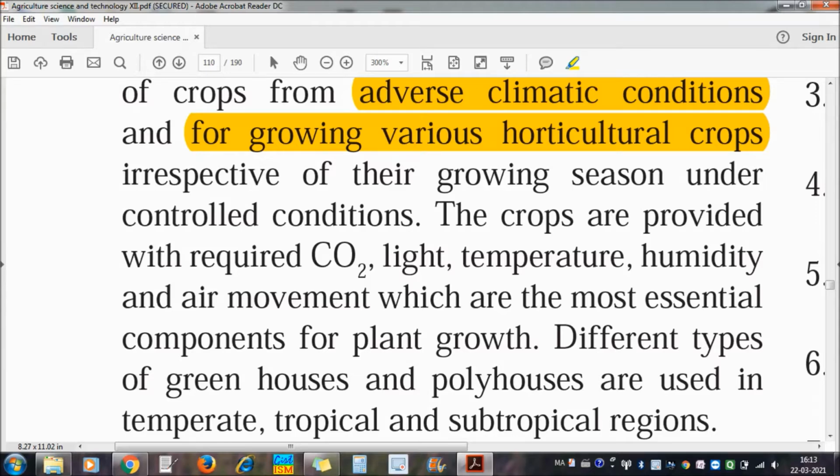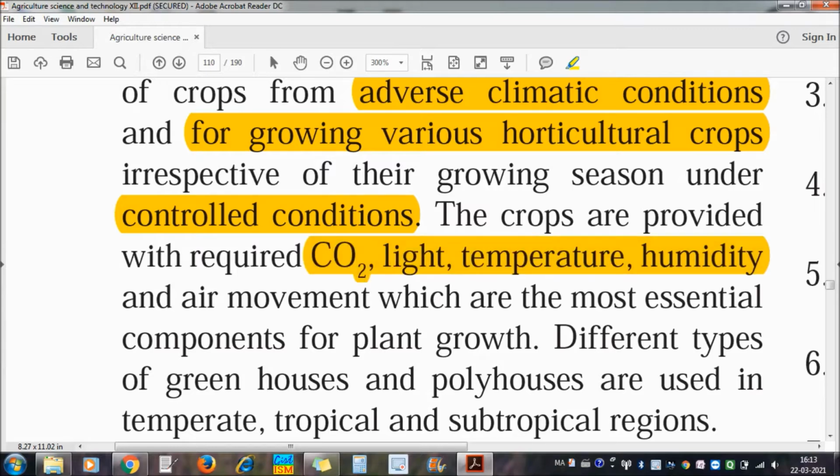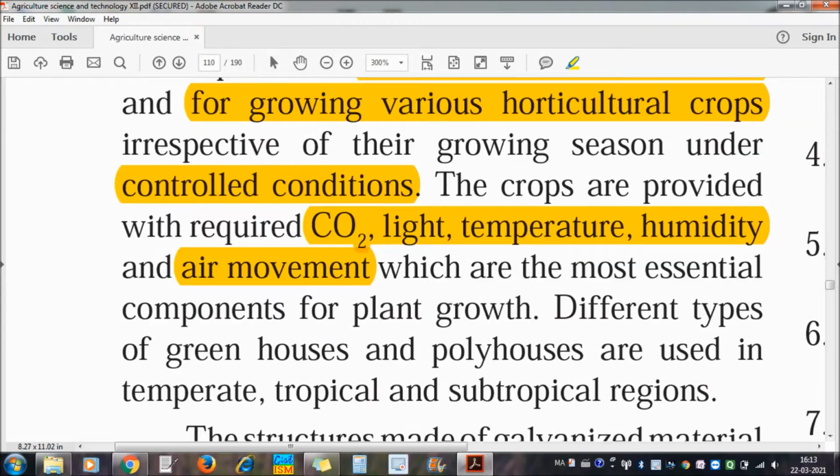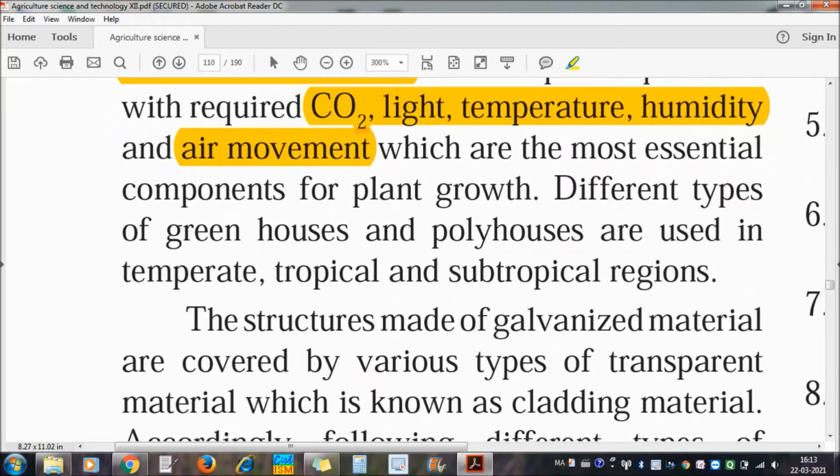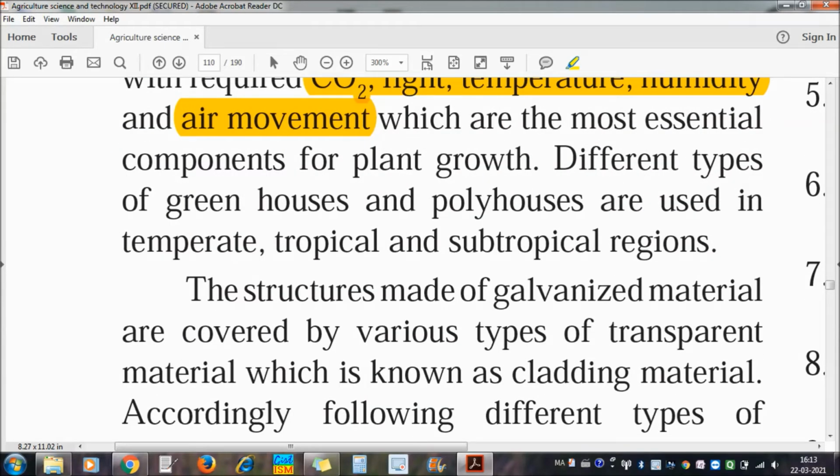Then again, in this protected structure, the conditions can be controlled, means whatever carbon dioxide, light, temperature, humidity or air movement, all these things can be controlled in this greenhouse. But in the open field, we don't have control over the climatic factors or conditions.